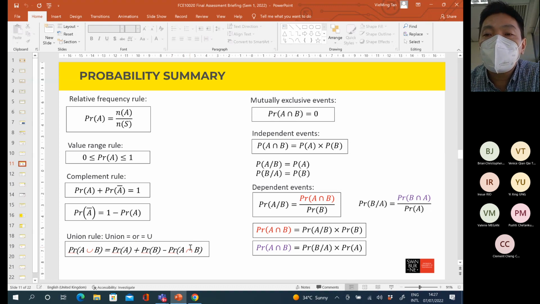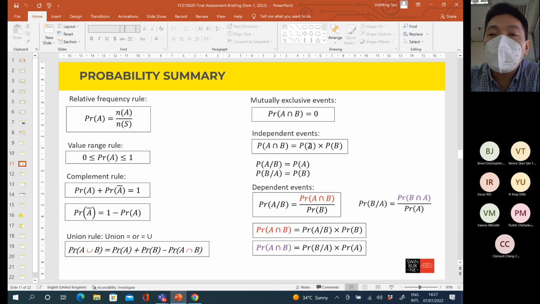Next will be independent events. What is the meaning of independent events? That means the occurrence of one event is not going to affect the chance of another event happening. So if A and B are independent, the chance of A happening is not going to affect the chance of B happening, and vice versa.